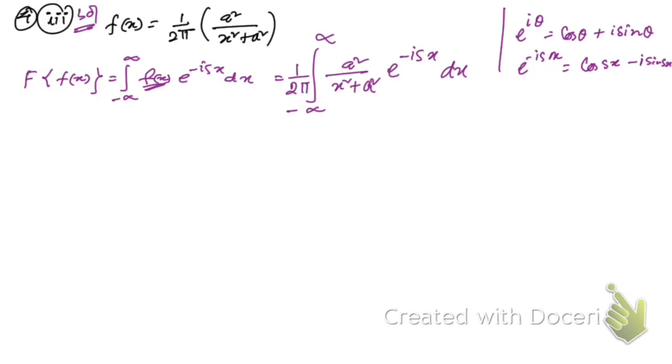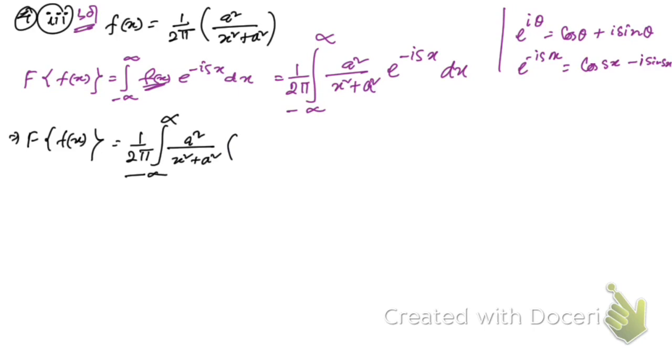So here the Fourier transformation of small f of x is equal to 1 by 2 pi, integration from minus infinity to plus infinity, a square by x square plus a square, then this is written as cos s x minus i sin s x dx, right?